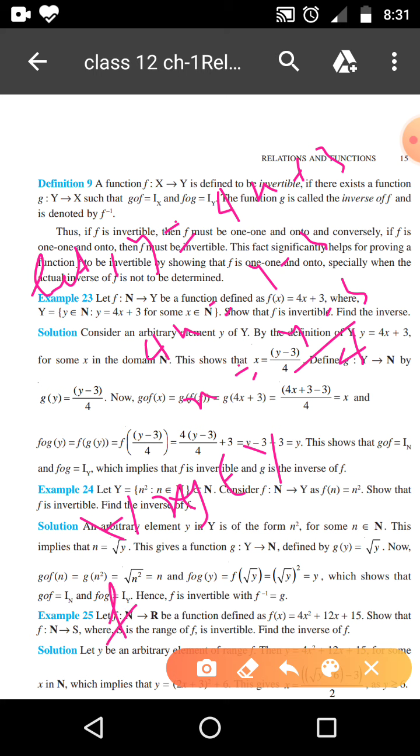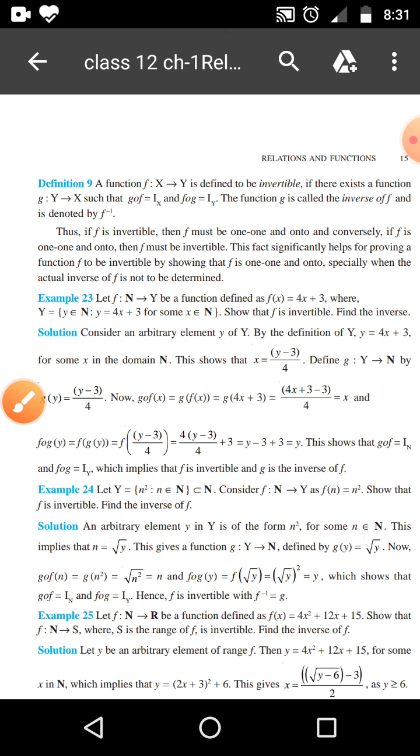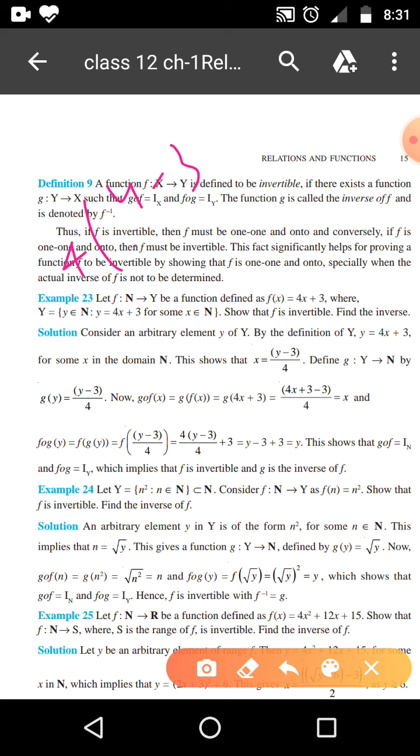So f of x, that is f of (y minus 3) by 4, and if you solve it, then you get 4 into (y minus 3) by 4 plus 3. 4 cancel, so y minus 3 plus 3, so y.